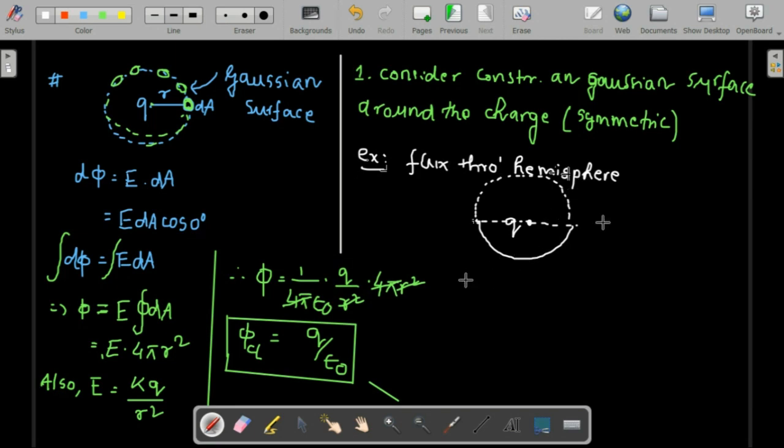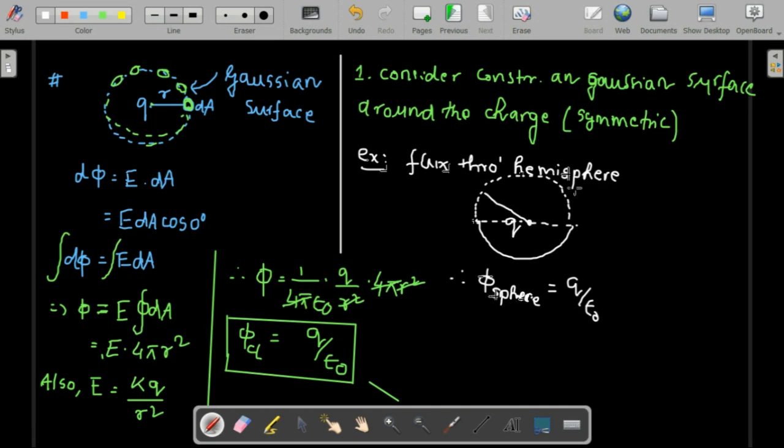So if we are considering the flux through the sphere, as per the definition of Gauss's law, it will be q by epsilon naught, because whatever is the charge inside, it is enclosing. It doesn't depend on anything else. If we are talking about hemisphere, that means half. So understand this.